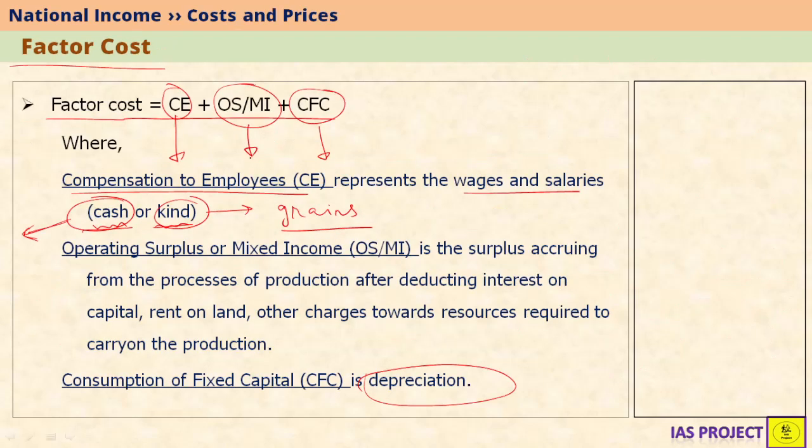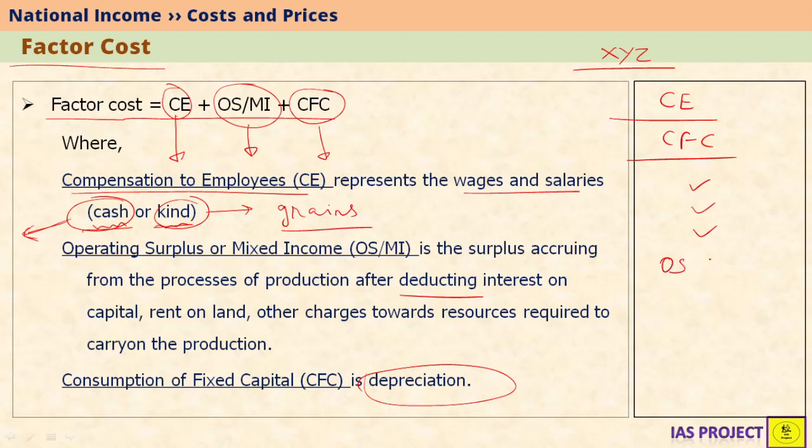So the second term is operating surplus or mixed income. Operating surplus or mixed income is nothing but the surplus accruing from the processes of production after deducting all the remaining expenses. So for example, there is a company called XYZ again, and the company XYZ has paid compensation to employees, and it has also factored for consumption of fixed capital, and now it has also paid interest for the capital, rent for the land, and other charges like electricity, water, etc. And then the remaining income is called the operating surplus of the company.